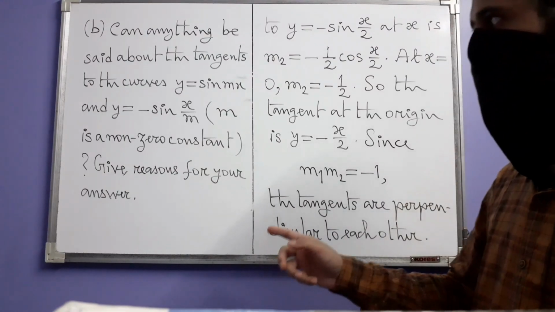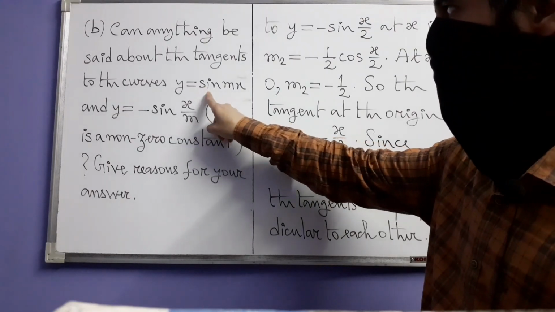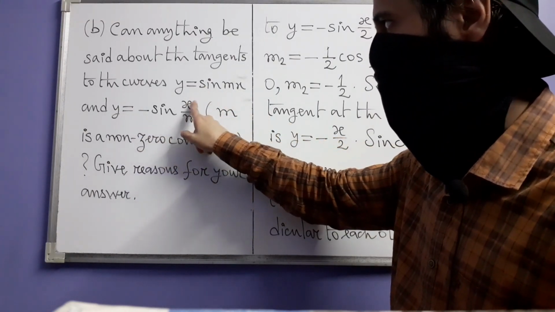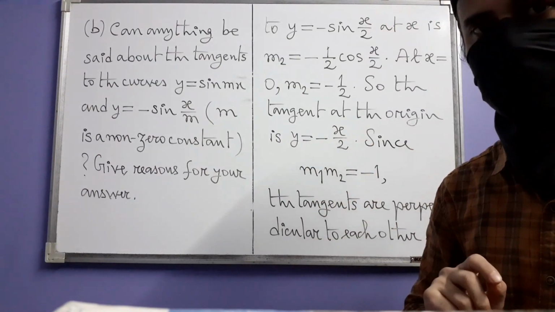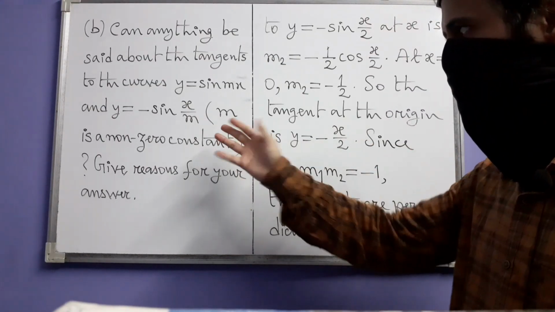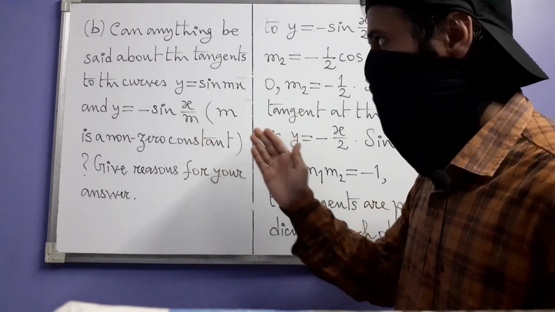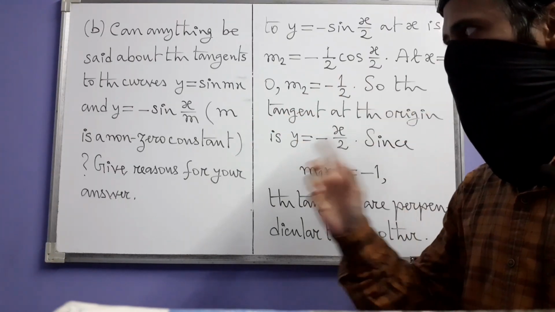Part B is similar but general in nature. Here the curves are y equal to sine of mx, and the other one is y equal to minus sine of x divided by m, where m is a non-zero constant, a non-zero real number, which does not change with x. Now, can anything be said about the tangents to these curves at the origin?